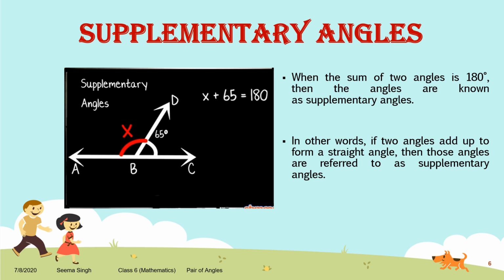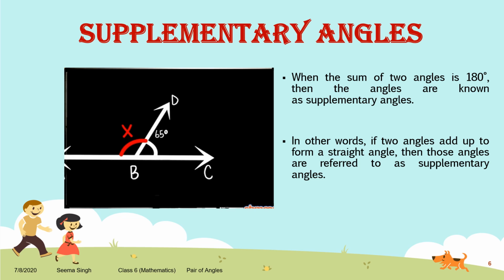Let's try to understand this from the figure. We have a straight line ABC which has an angle of 180°. Then a line BD is drawn from point B which forms the angle DBC as 65°.